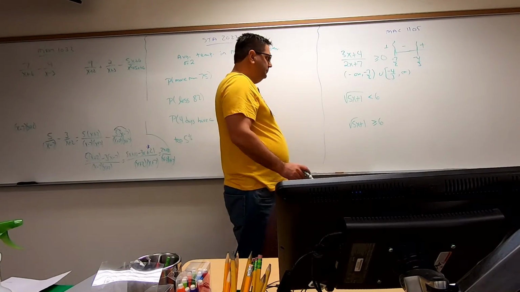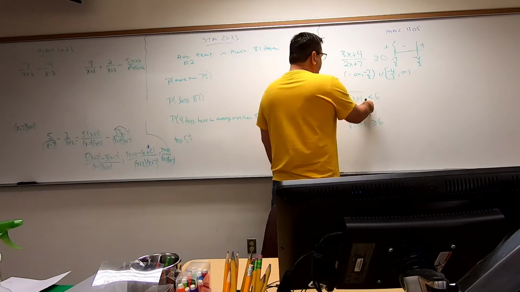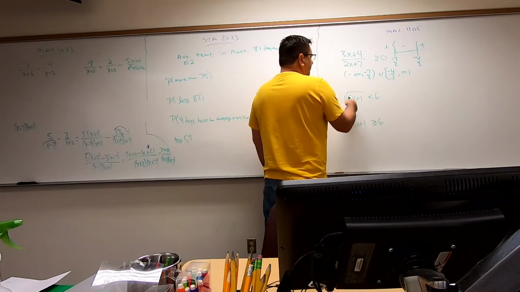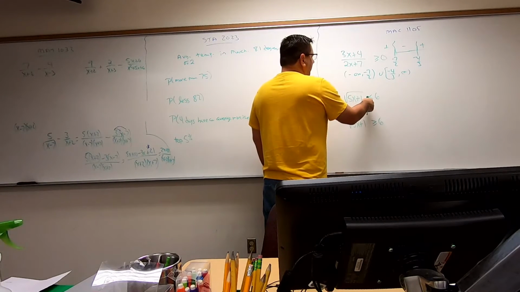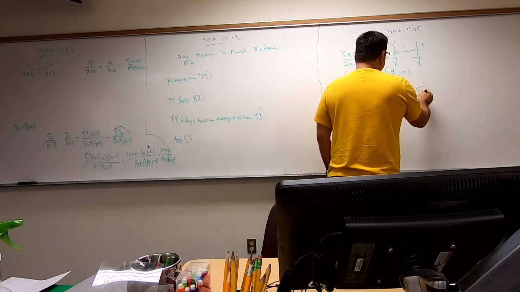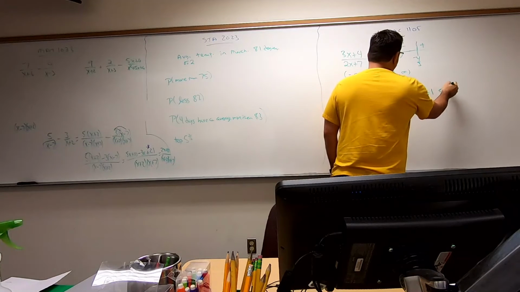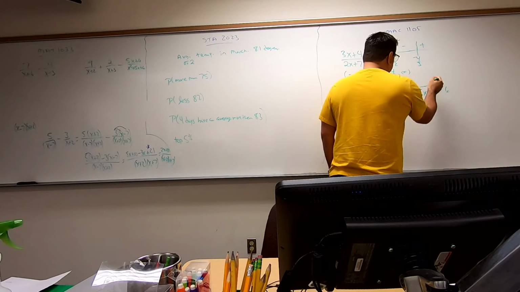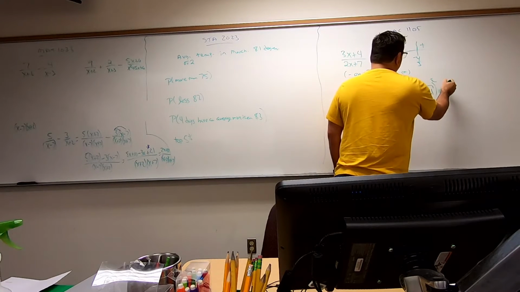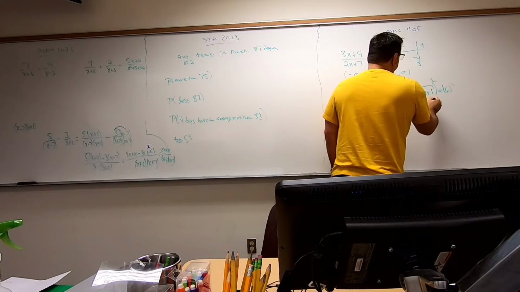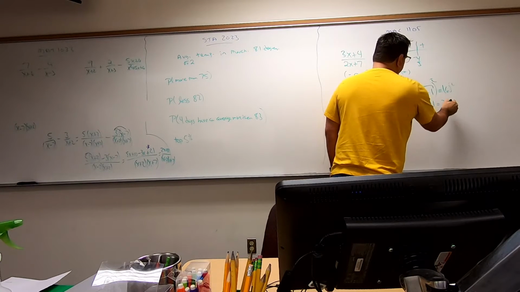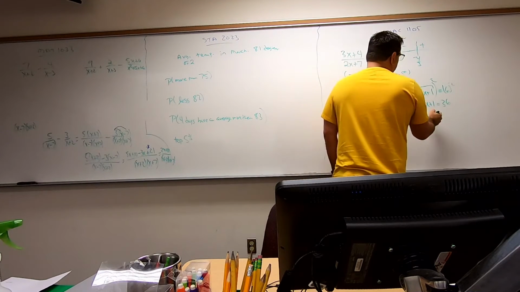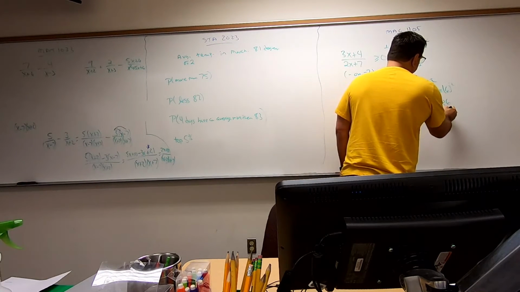Now, when is this less than or equal to 0? In order to solve, or less than 6, in order to solve this, we first solve this. 5x plus 1 is equal to 6. We square both sides. 5x plus 1 equals 36. 5x equals 35, and x is equal to 7.